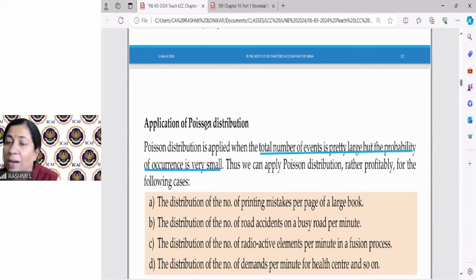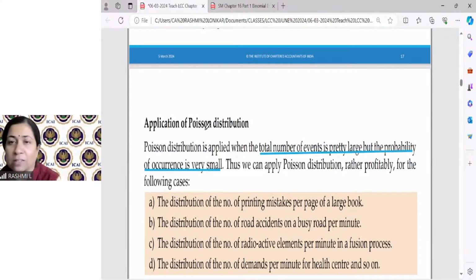Okay. Now, where do I apply the Poisson? Like in binomial, we said it was applicable wherever there is a success or failure, like tossing a coin, genetic engineering. What about Poisson? In Poisson, your n is large and your p is comparatively small.